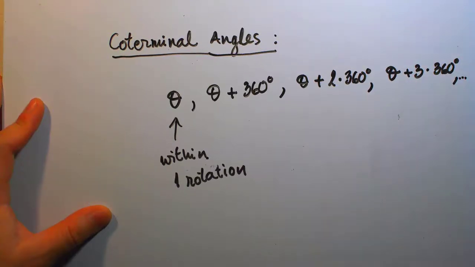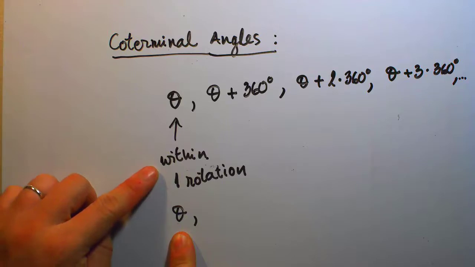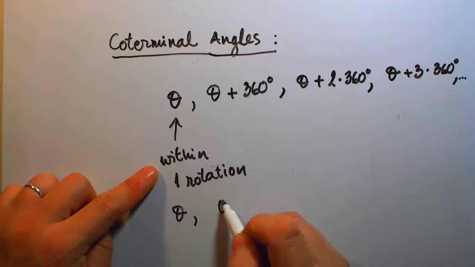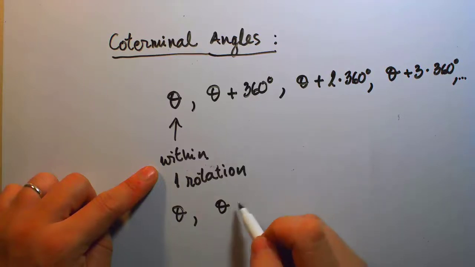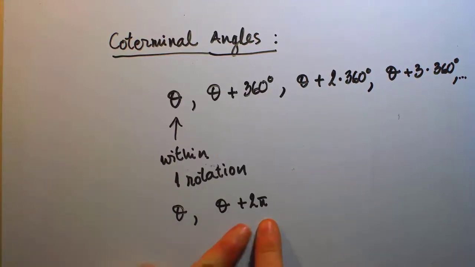Or in radians, theta is the original angle within one complete rotation, between 0 and 2 pi. Then another coterminal of that is theta plus 2 pi in radians.